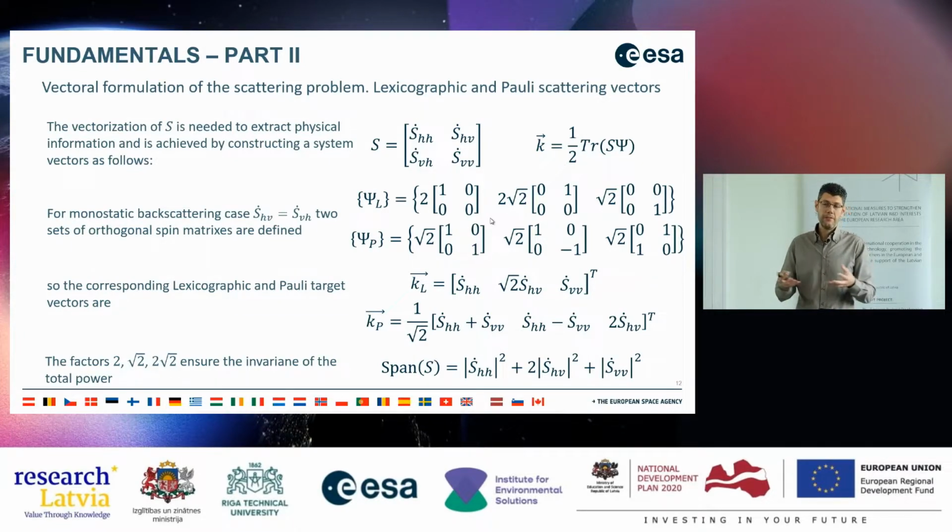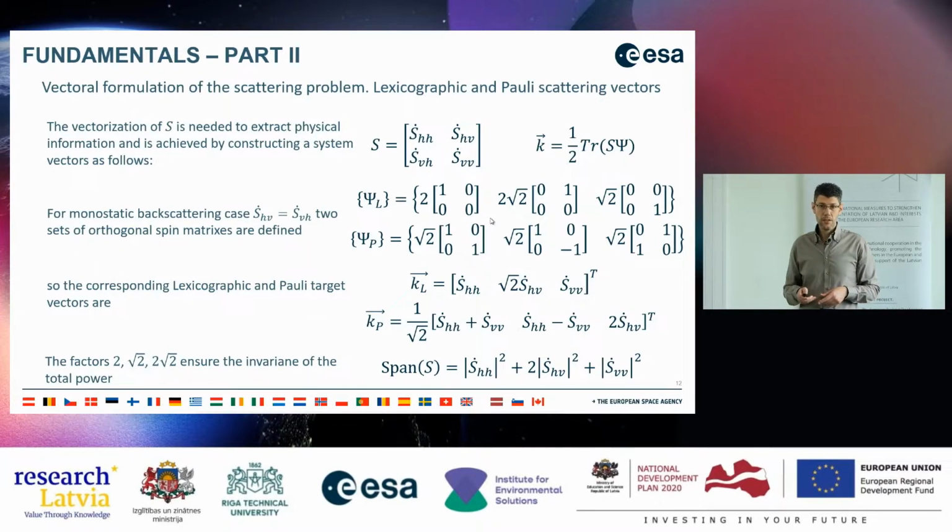And when you want to retrieve information about distributed targets, then you need to vectorize the scattering matrix with a transformation, which is given by here. So the trace of the multiplication between the scattering matrix and C, where C are orthogonal spin matrices.